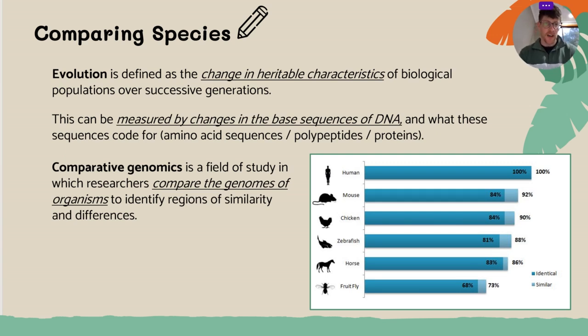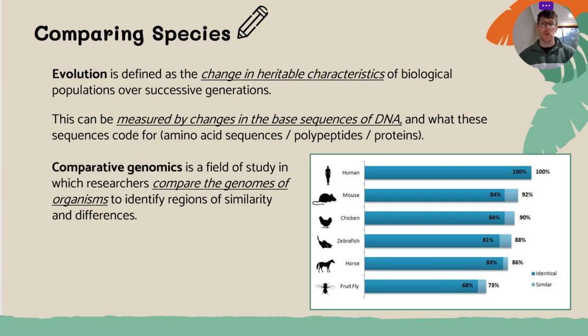What that means for us is that we must be able to do a lot of the same things that mice can do, meaning that we probably have a lot of the same amino acid sequences, a lot of the same proteins, and a lot of the same polypeptides that are created subsequently.